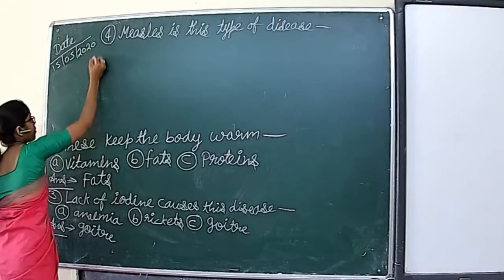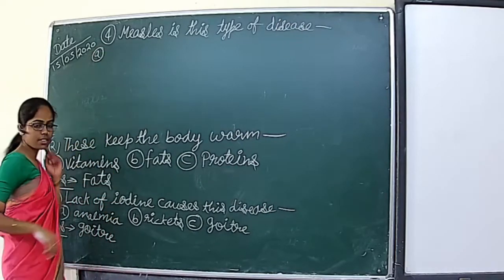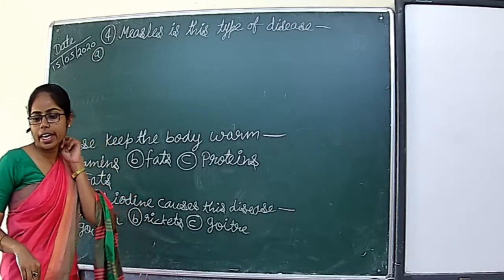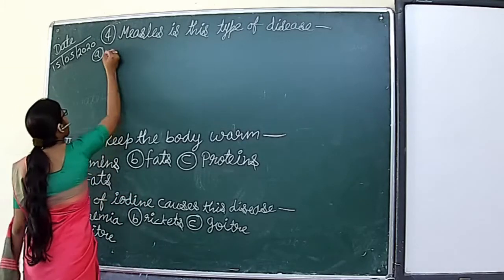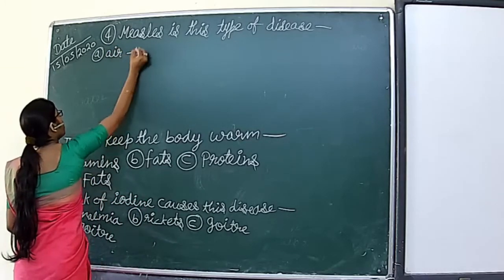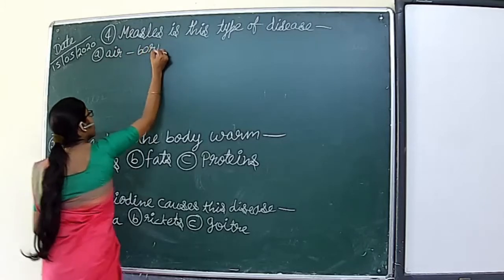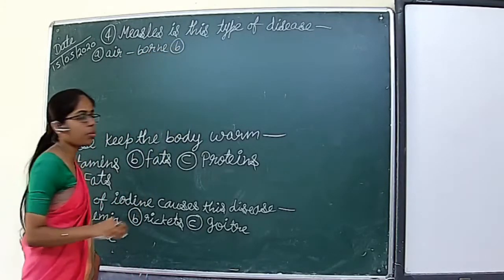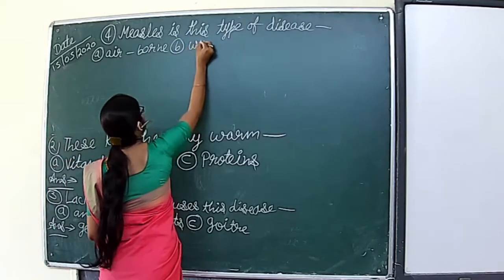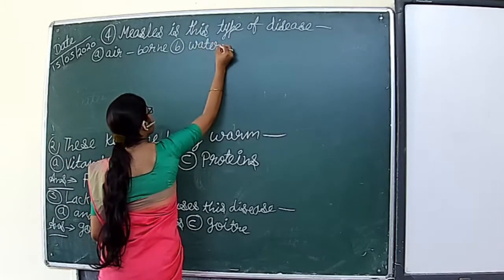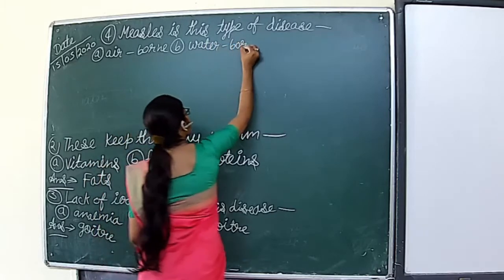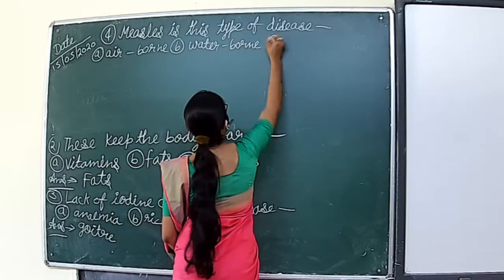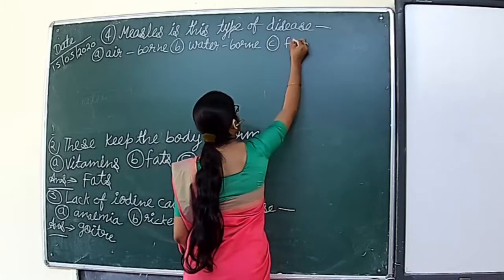And the options given here: first option is airborne disease. Second option is waterborne disease. And the last option is foodborne disease.